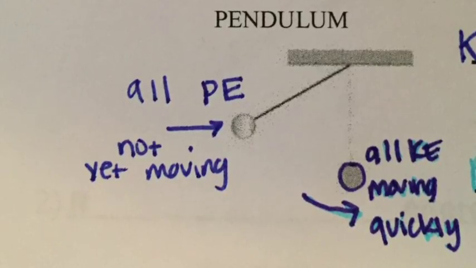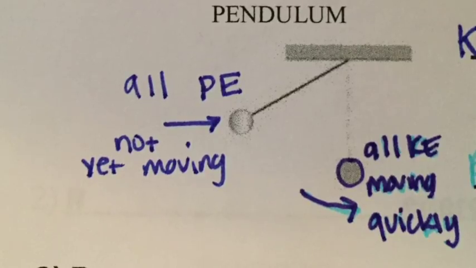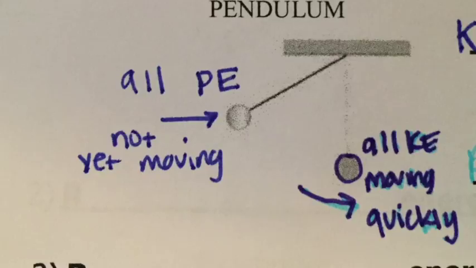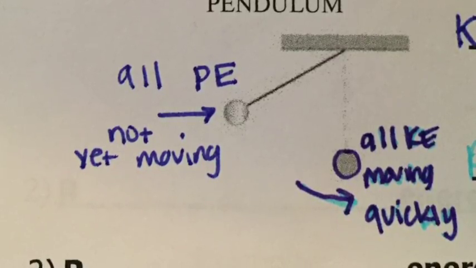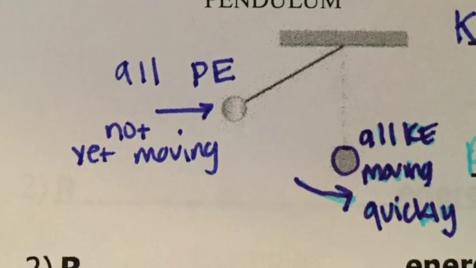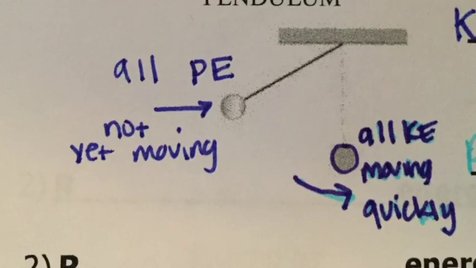When you let go, some of that potential changes into kinetic energy. And at the very bottom of the swing, it is all kinetic energy, and that's where it's moving the quickest. And throughout the swing of the pendulum, the potential and the kinetic energy are constantly switching back and forth as that potential or that position changes and as the speed or the motion changes.